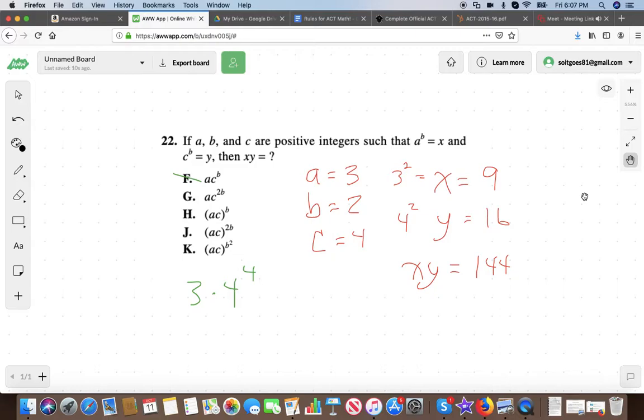What's 4 to the 4th power? 256. Oh yeah, that's too big. And then we got to multiply that by 3. That's huge. Does that make sense? That's way too big.